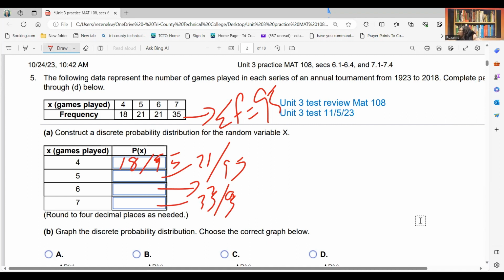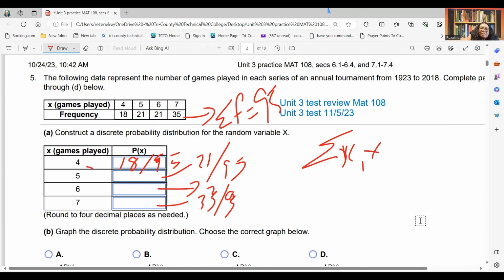Now, the next thing is you could be told to find the mean. Remember that the mean of a discrete probability distribution is n times p, sample size times p, but you have to add, so summation of each random variable multiplied by the probability.